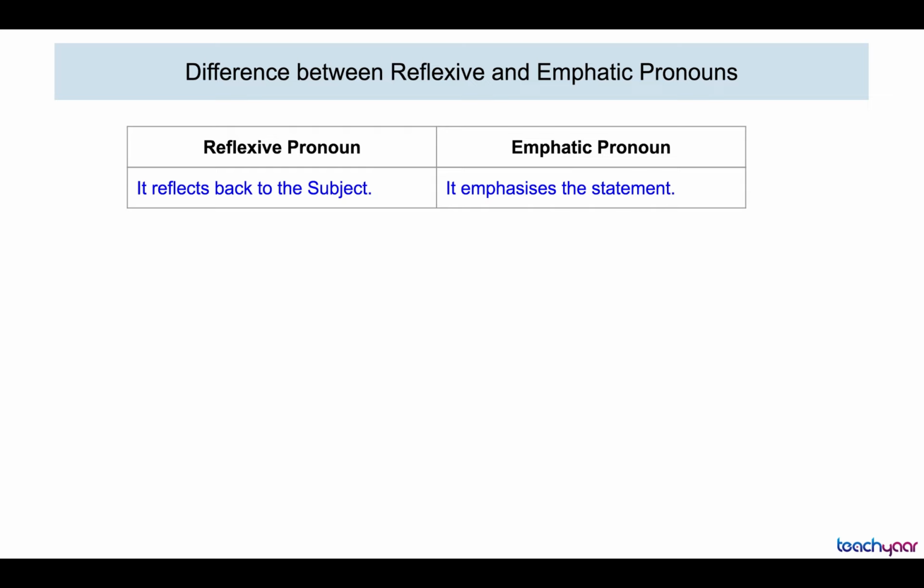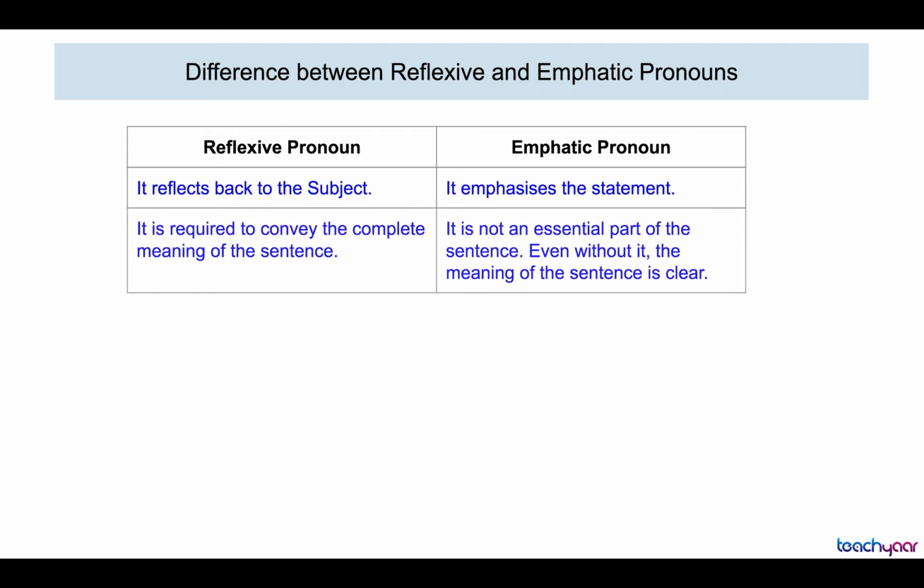In the case of emphatic pronoun, it's not a reflection. It merely emphasizes the statement made in the sentence. The second difference: a reflexive pronoun is required to convey the complete meaning of the sentence. That means in the case of reflexive pronoun, that pronoun is essential to complete the meaning. If you remove that pronoun, the sentence becomes incomplete.